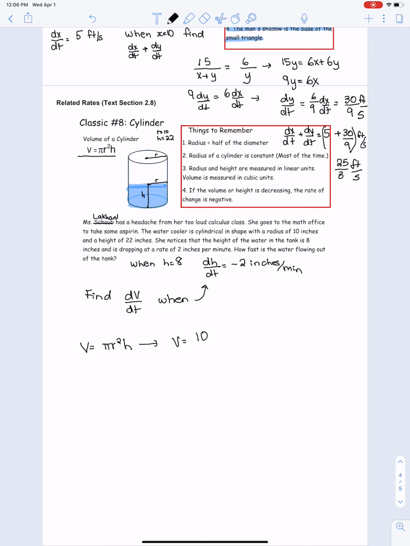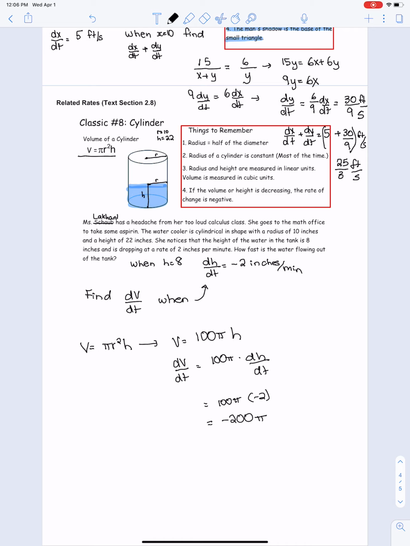So this would be 100 pi times h. Now we take the derivative: dV/dt is equal to 100 pi times dh/dt. The value of dh/dt is -2. So my final answer is -200 pi.